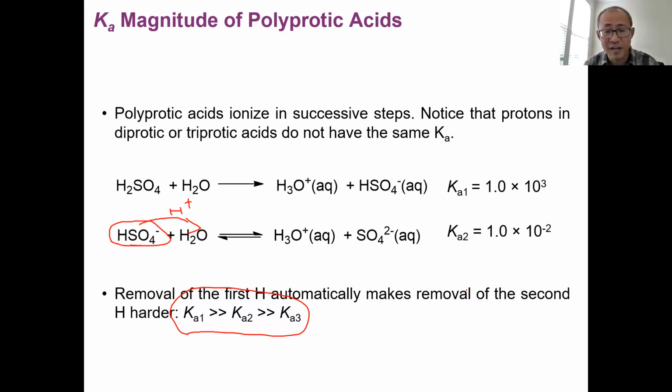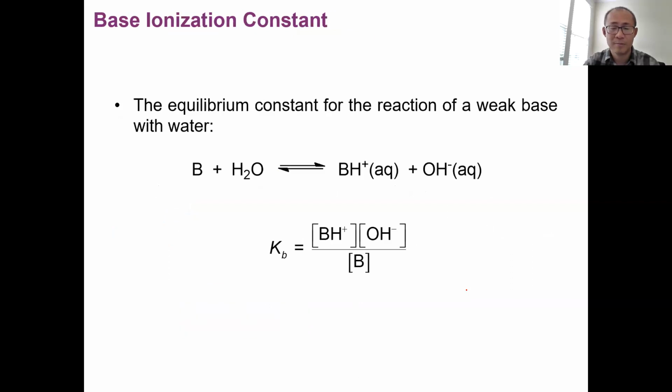Ka1 is much bigger than Ka2, and Ka2 is much bigger than Ka3. The reason is that it is harder and harder to remove a proton from a negatively charged species. But again, it also showed K, the equilibrium constant, is a very good ruler to measure the strength of an acid, even within the same acid.